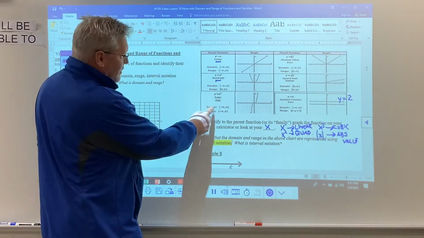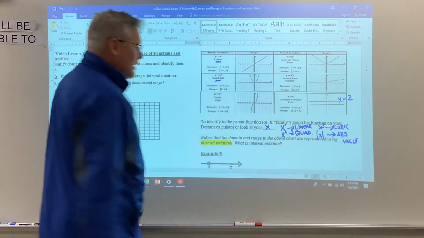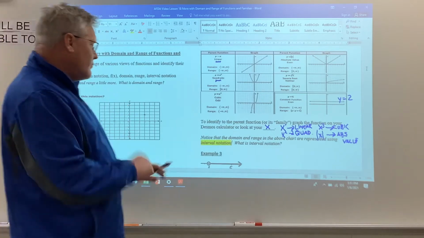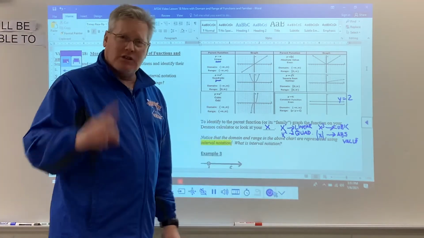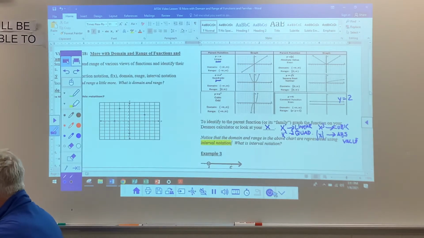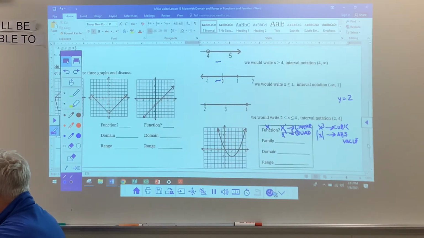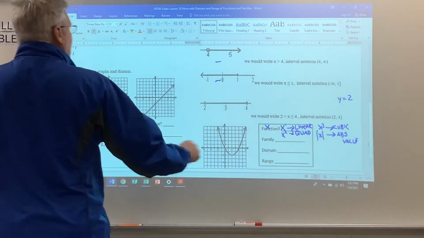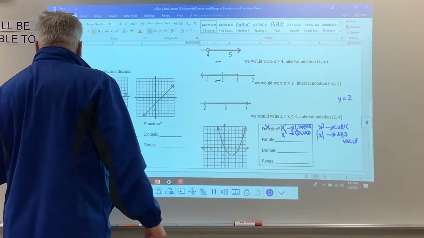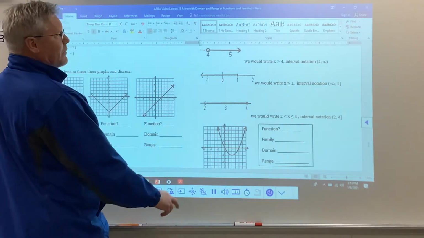Now notice here with domain and range, that's different than what we wrote before. This is something called interval notation. So let's take a peek at what interval notation is. We may go back and peek at inequalities that we did before.